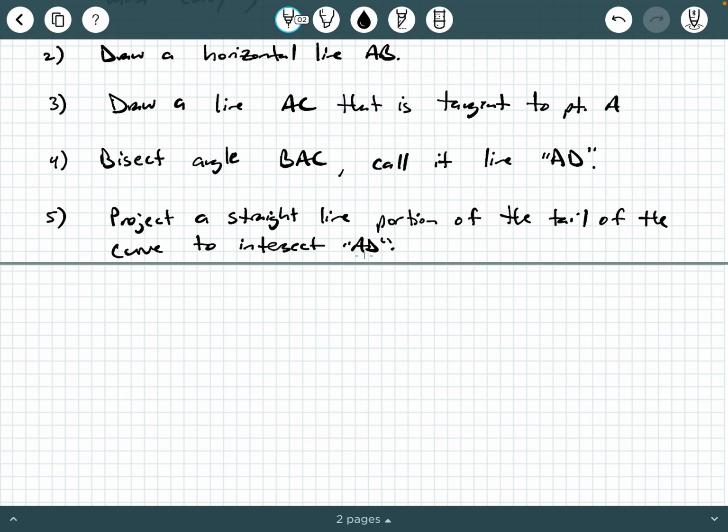And then what we're going to do is call this point F. And then the abscissa of point F is sigma prime C, which is the pre-consolidation pressure. Now remember, abscissa means horizontal value, okay?